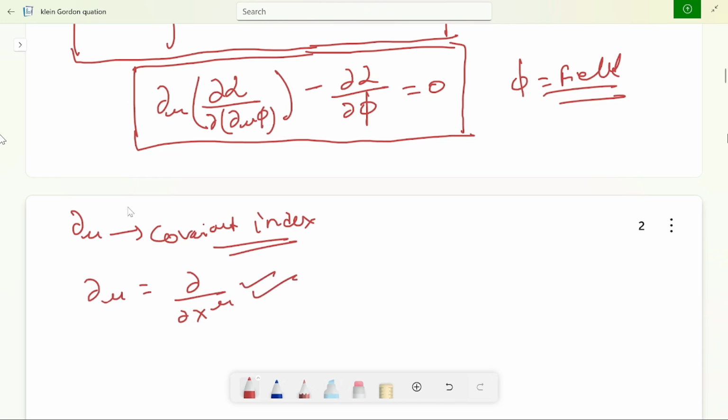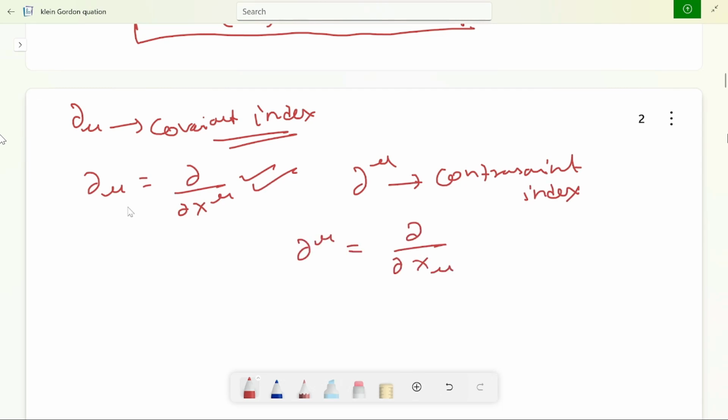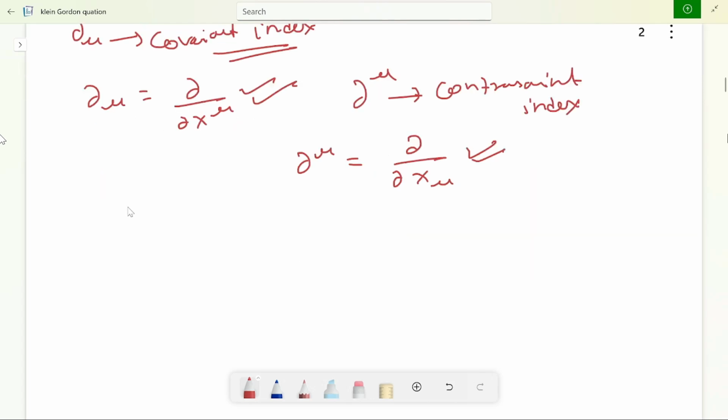This is the definition we are going to use for d mu, and whenever I use d with the mu in the superscript, this would be the contravariant index, and it would just mean this. So this is the definition we are going to use for both the covariant and contravariant index.